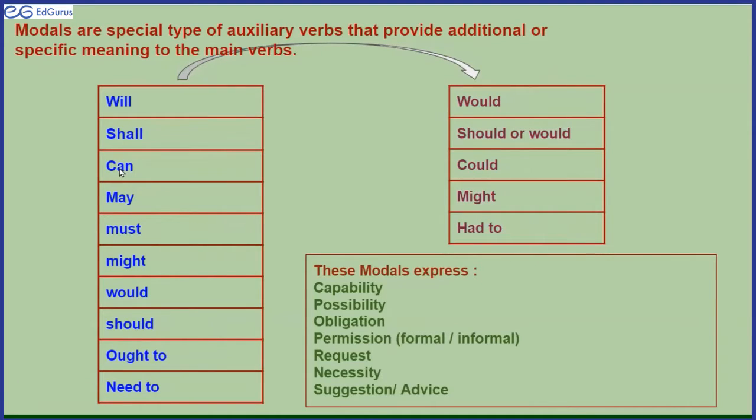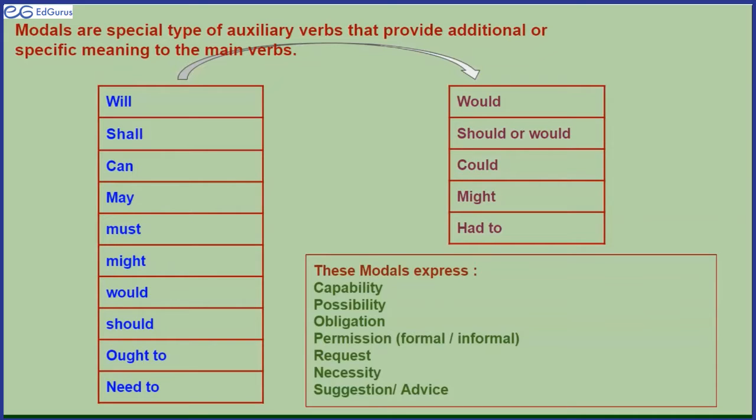These are the modal verbs. Do, does, has, have, they are also verbs, but they are not modal verbs. Do remember, they are helping verbs, right? These modal verbs are always used with the main verb, which we'll discuss later, right?